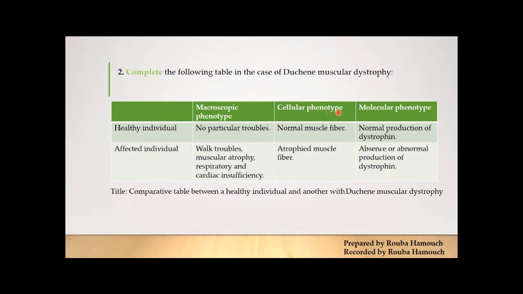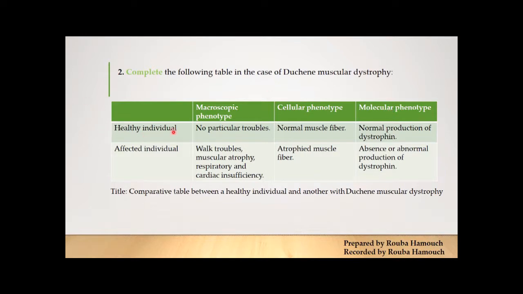For the cellular phenotype, the muscle fiber is normal. It has normal shape. Whereas in the affected individual, the muscle fiber is atrophied, is degenerated. Concerning the molecular phenotype, here the molecule is dystrophin, which is a structural protein.